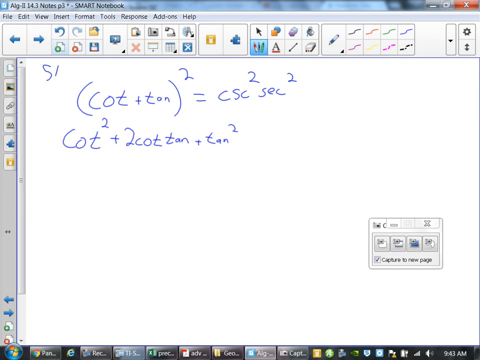One. The reciprocals of one another. So no matter what, I'm going to have 2 plus cotangent squared plus tangent squared. Okay with that? Okay.